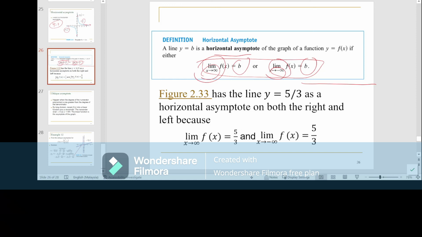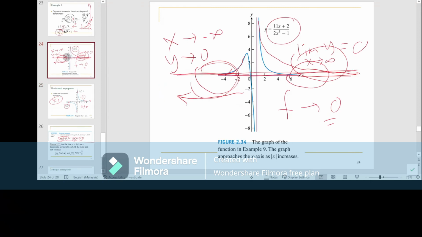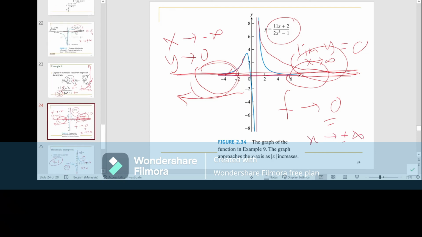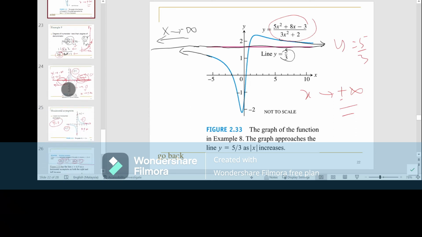In the examples we have just shown, the horizontal asymptote for x tending to plus or minus infinity is the same, irrespective of whether x is going to negative or positive infinity. But in general, this may not be the situation. It doesn't mean that it's always like that, but it may not be.